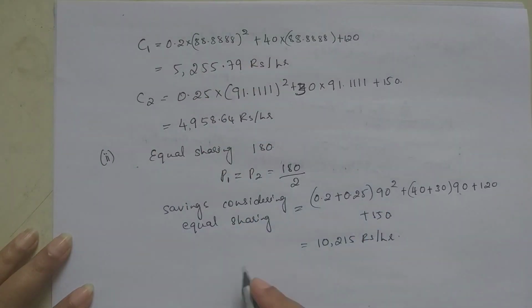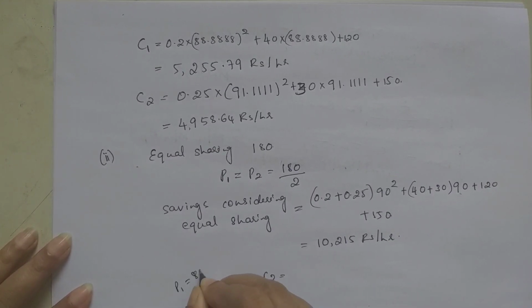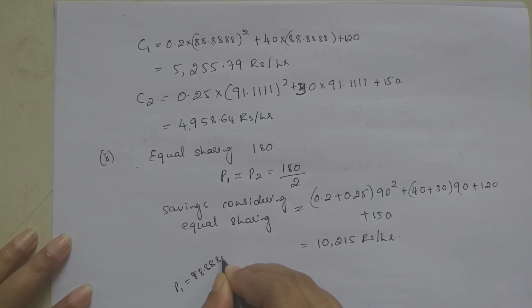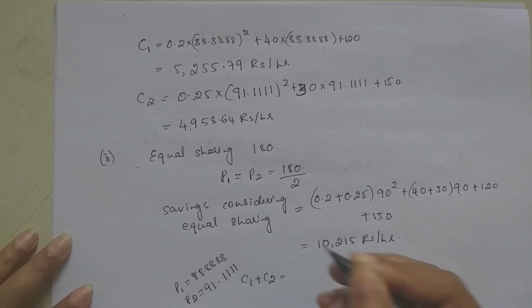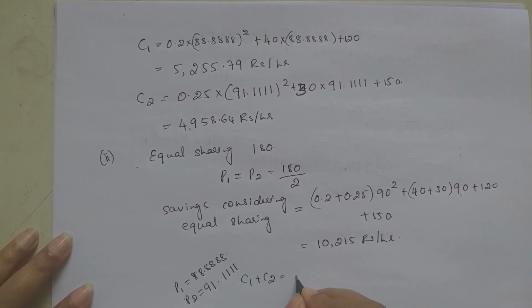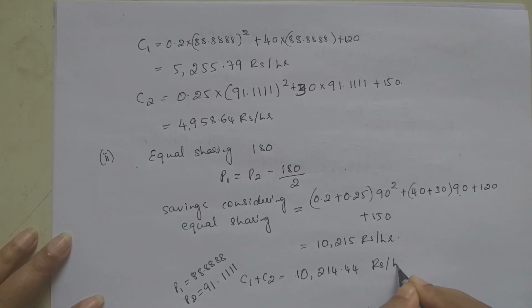Okay, now considering P1 is equal to 88.88 and P2 is equal to 91.11, it is C1 plus C2. Taking almost the exact answer, we get C1 plus C2 is equal to 10,214.44 rupees per hour.